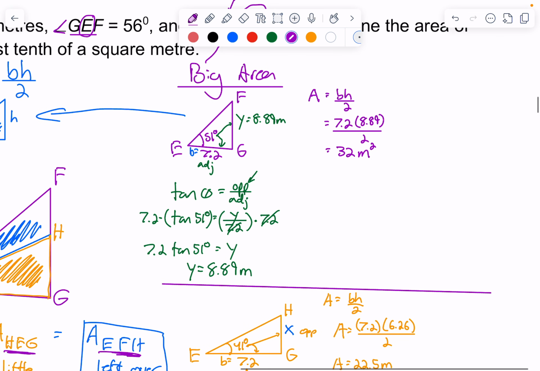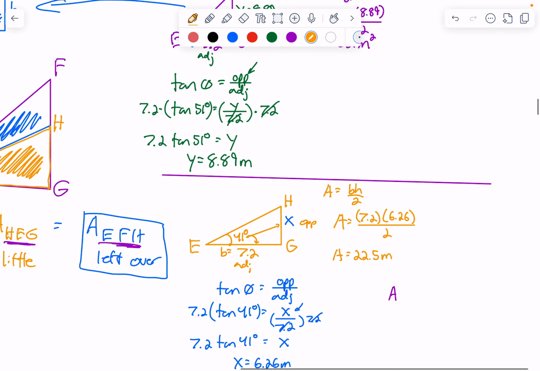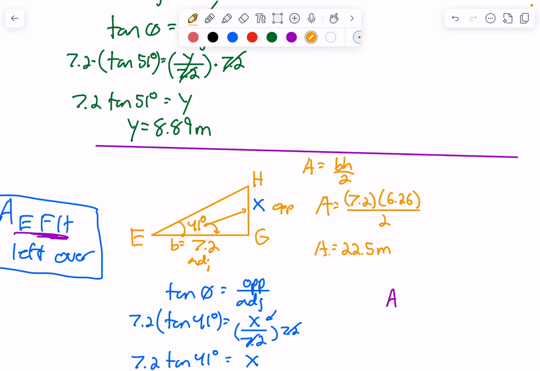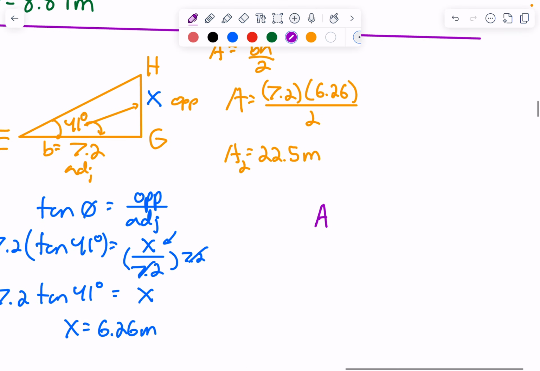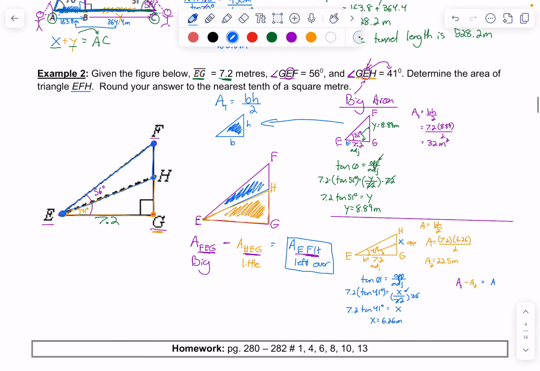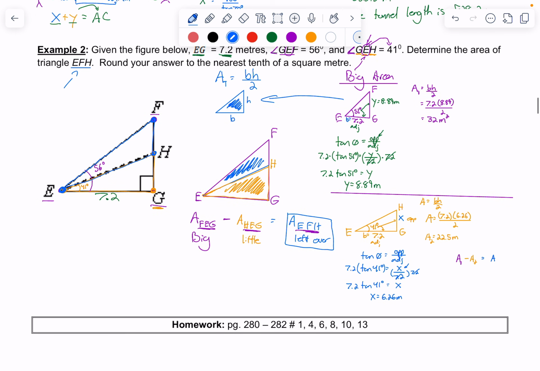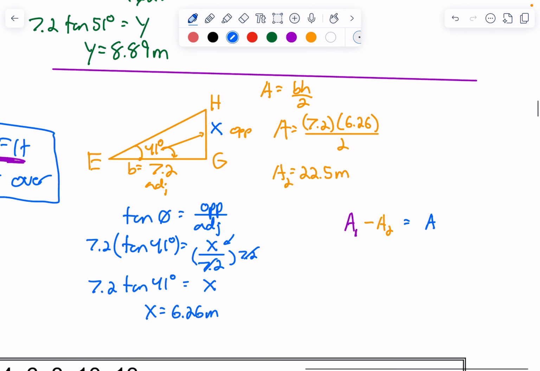Instead of writing out all those triangles, let's call this A1 and this A2. So we have A1 subtracting A2, and that's going to give us the area of triangle EFH.